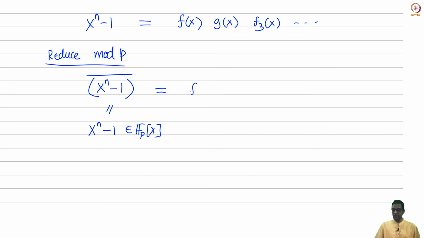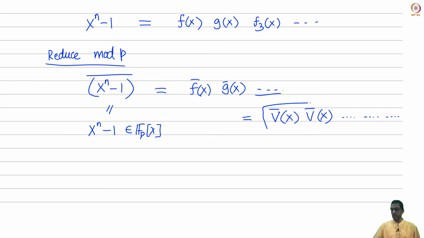This is f bar of x times g bar of x times some other terms, but f bar and g bar have one common factor, which is v bar. So there is definitely a v bar inside f bar, another v bar inside g bar, then some additional factors in f and in g, and then the other additional factors. I don't care about all those. What I care about is that the right hand side has v bar squared followed by some other polynomials.